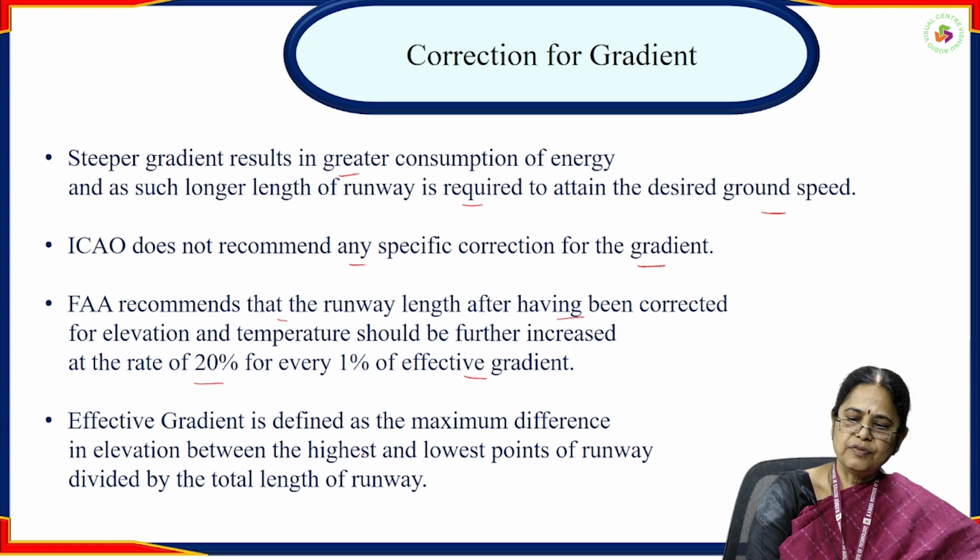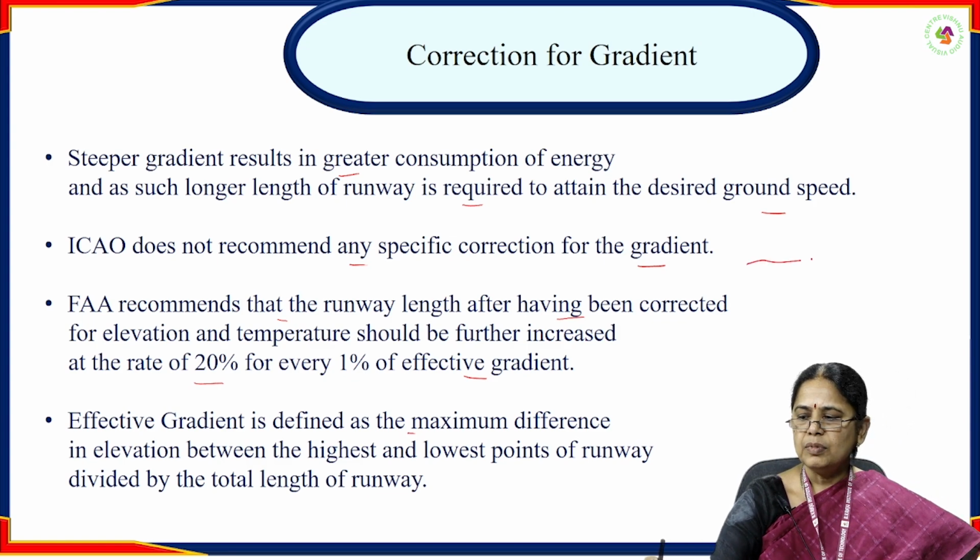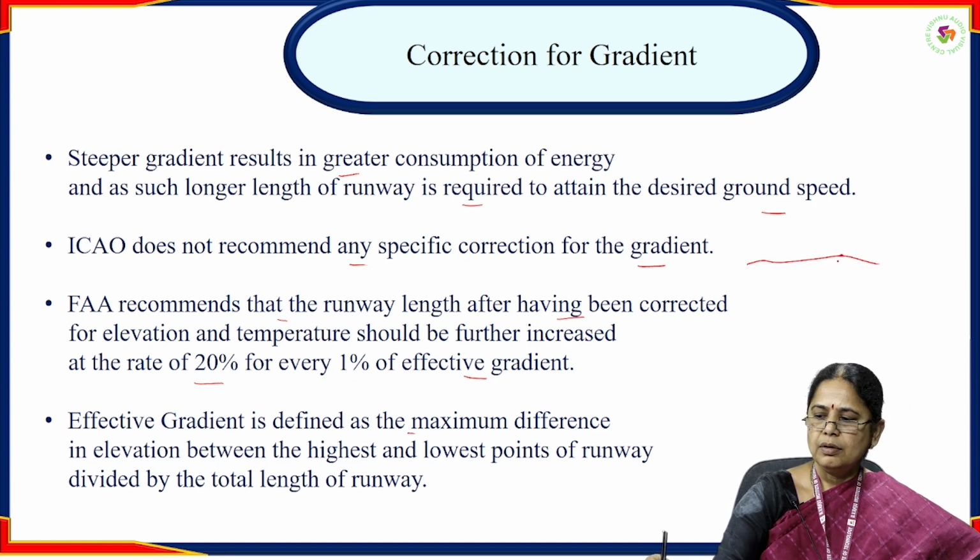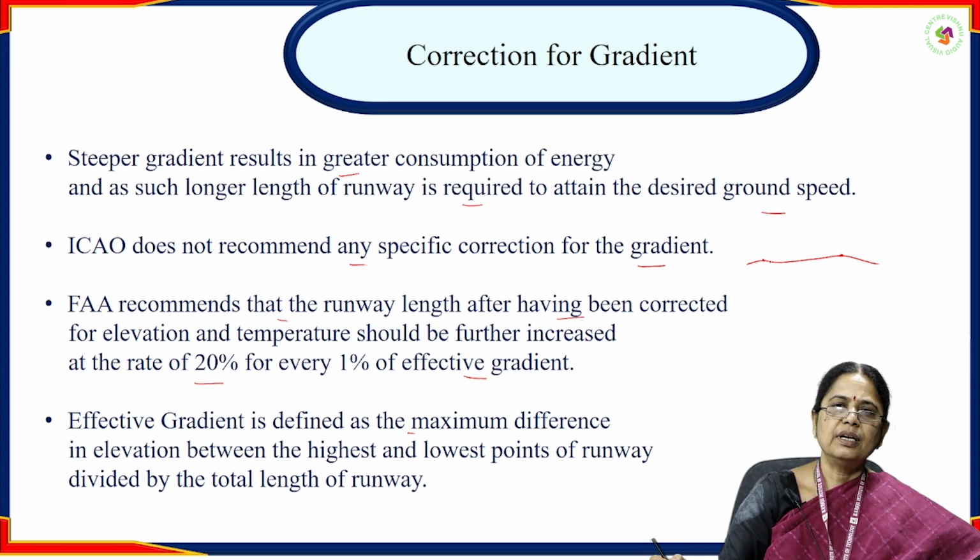Effective gradient is defined as the maximum difference in elevation between the highest point and lowest point divided by the total length of the runway.